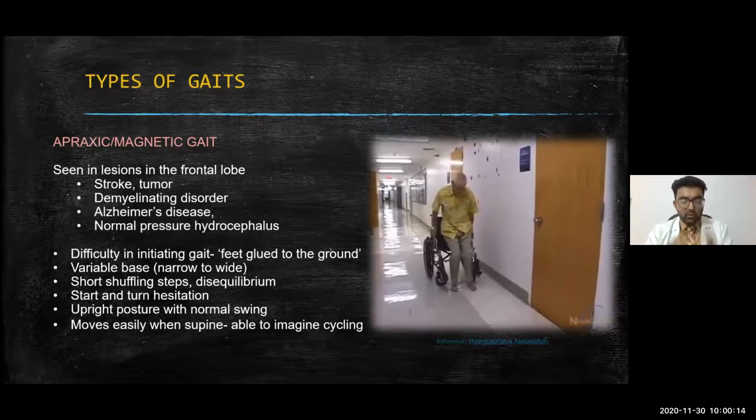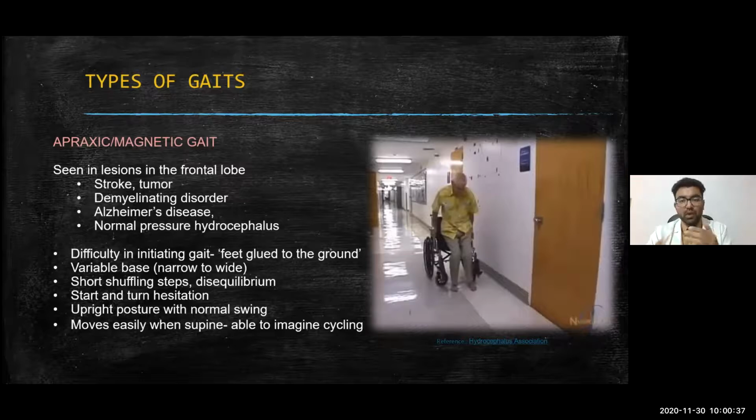The base when they are standing could be variable, like narrow or wide. The patient will have a short shuffling gait and disequilibrium. Patient will have a start and a turn hesitation. So these are all features which we may also find in Parkinson disease, right?